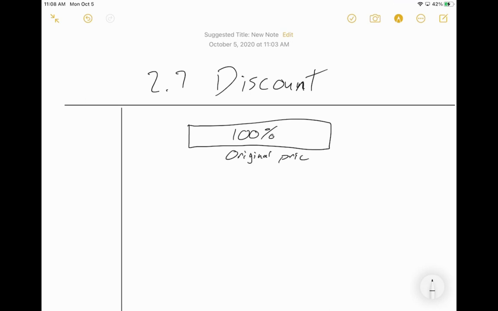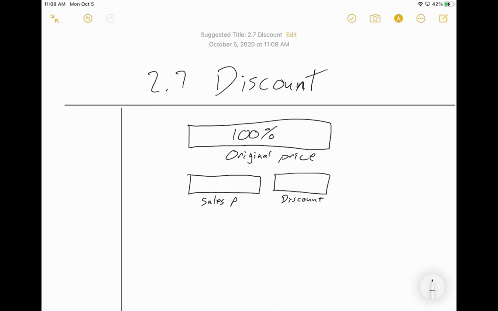Now, when I broke off a little piece, I split it into two pieces. And so this part is what we call our discount. And what's left, the big section that's left over after we take off the little corner, this is what we call the sales price, right?